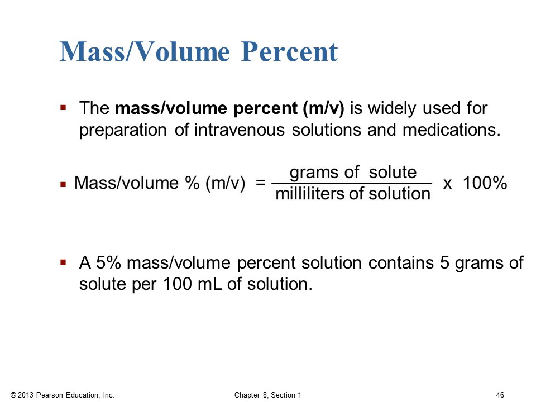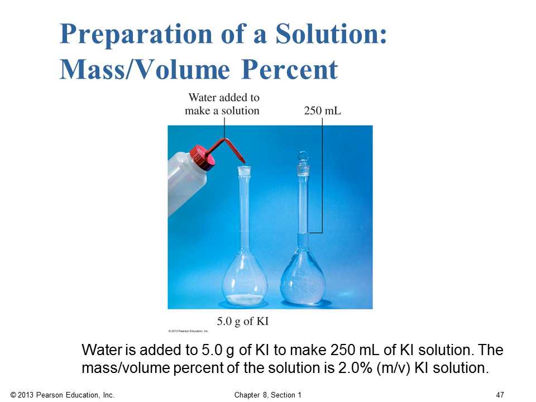And so in this case, when we have a 5% mass volume percent solution, that means we have 5 grams of solute per 100 milliliters of solution. And so we just need to make sure we have our mass in grams and volumes in milliliters.